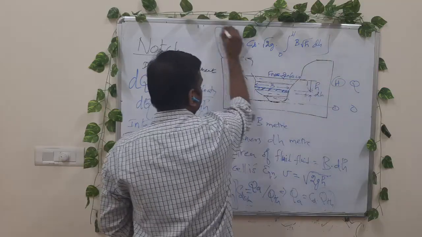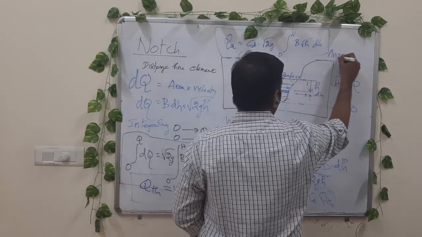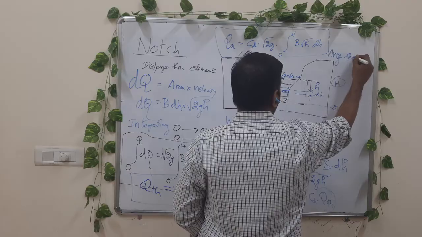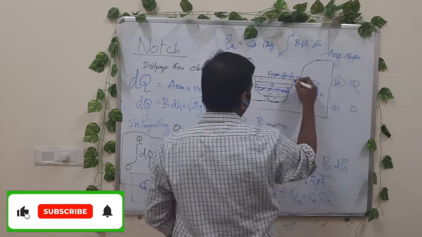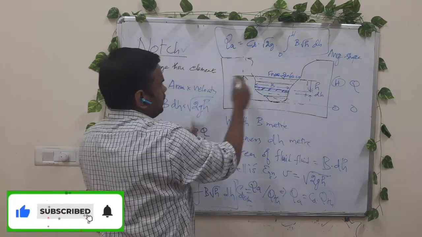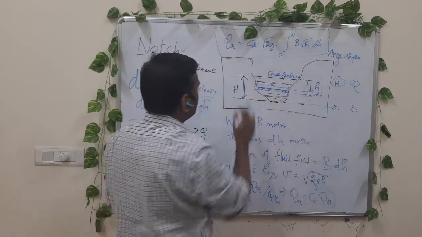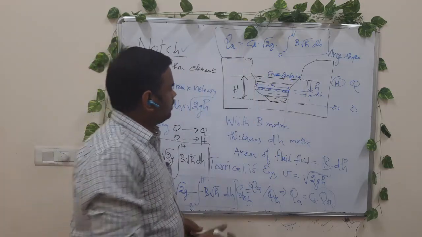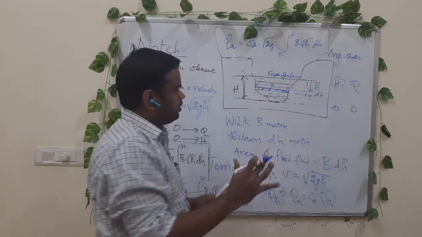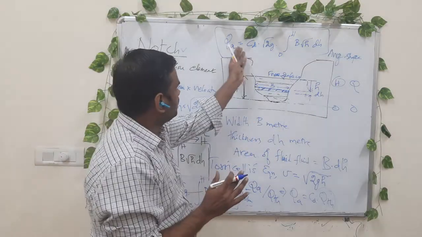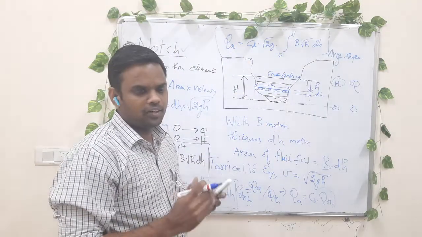Okay, so this is a general expression for any shaped notch. For any shape of the notch, we have a general equation, and if we are able to define the shape, we will be able to get actual discharge through different notches.